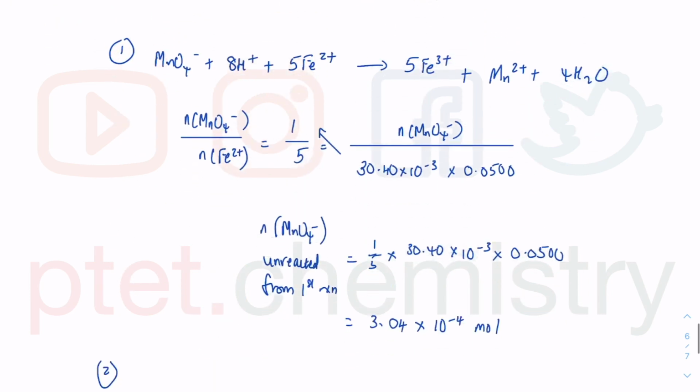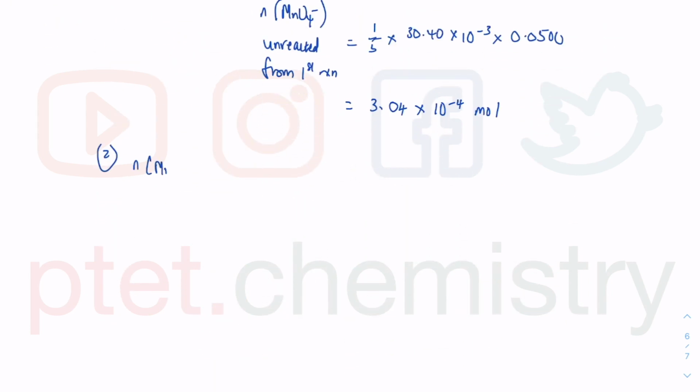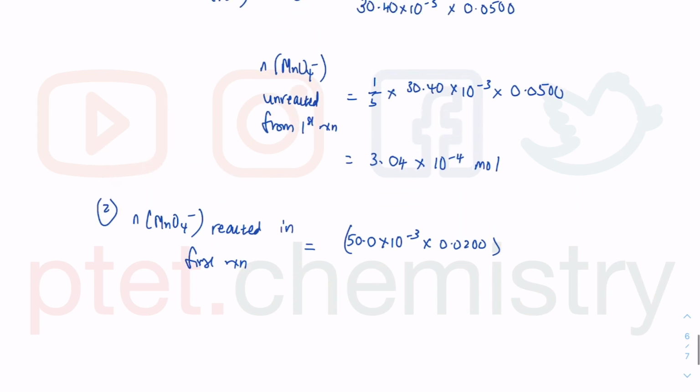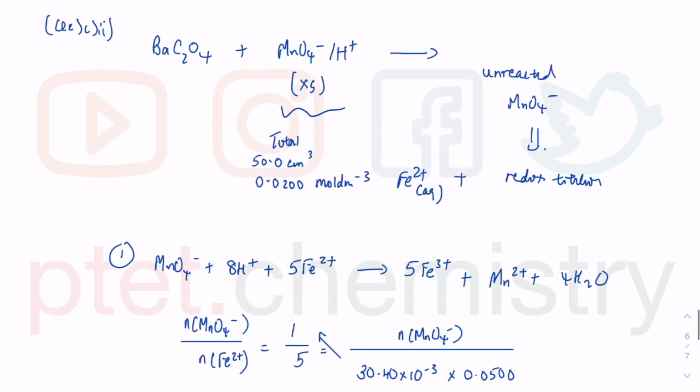So the mole of the KMnO4 reacted in the first reaction is going to be the total KMnO4 that I react, which is 50.0 times 10 to the minus 3 dm cube times 0.0200. This is how much I put in based on the question. This is in excess. How much MnO4 minus reacted in the first reaction is going to be this total minus how much remained. How much remained at the end of the reaction was what I did for my second titration.